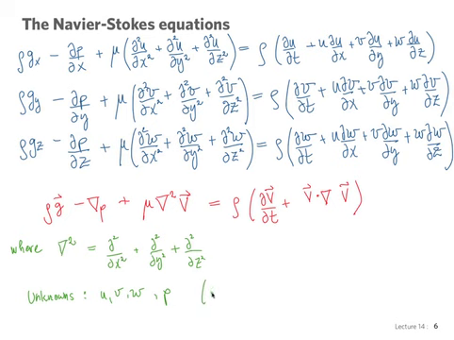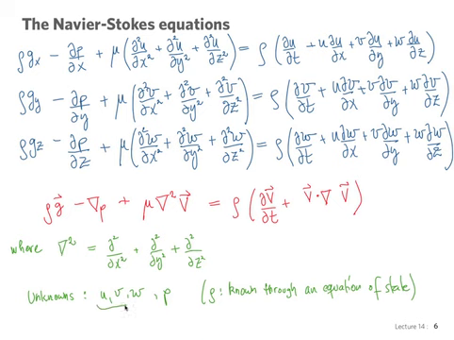So rho is known either because it's a constant density that we can look up in a table and it's a parameter of the situation, or we have an equation of state that relates pressure and density. So we don't need to worry about that one.